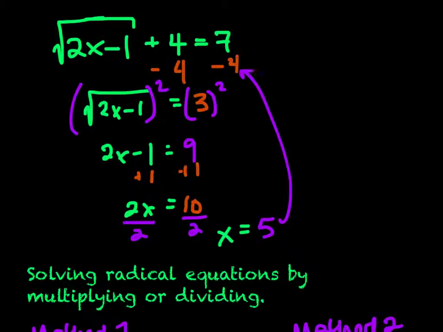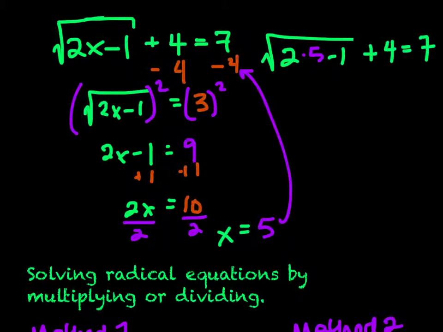Let's check our work by putting that in our original equation. We have the square root of 2 times 5 minus 1 plus 4 is equal to 7. So 2 times 5 is 10 minus 1 is equal to 9.